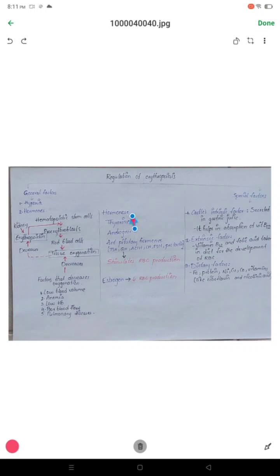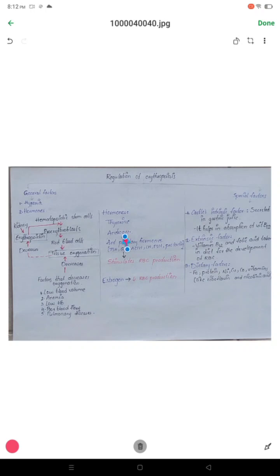Next, we will discuss about hormones. Hormones also play an important role in the regulation of erythropoiesis, and some hormones may increase the production of erythropoiesis, some may decrease the rate of erythropoiesis.